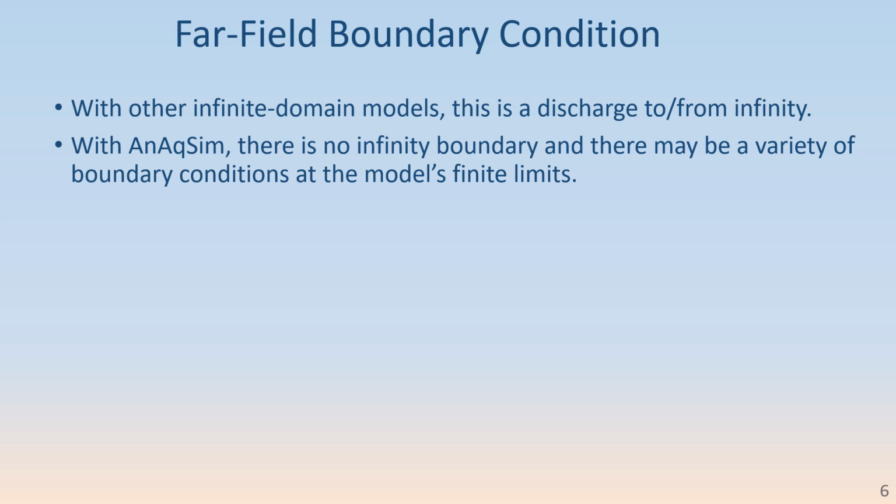Instead, with Anaqsim, there is no infinite boundary, just the finite boundary conditions at the model's outer limits. And that I think is a lot more intuitive. You can set it to be a fixed head in this one region or a no flow boundary in another, and that all accords a little more reasonably with what happens in nature.